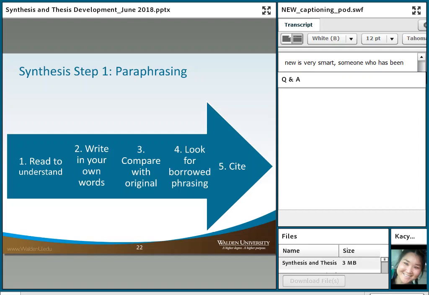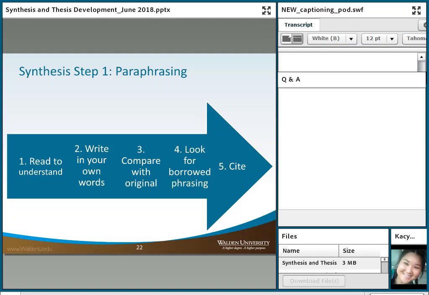So in terms of paraphrasing, we break it down into a couple of steps. You want to read to understand, that's that critical reading. You want to write it in your own words. And this can be very tricky. I actually like to try to read something and then put it to the side so I can't see it when I'm trying to paraphrase, because I think it can be very difficult if you already have somebody who's very smart, someone who has been published, so is probably a pretty good writer, who's written this information.